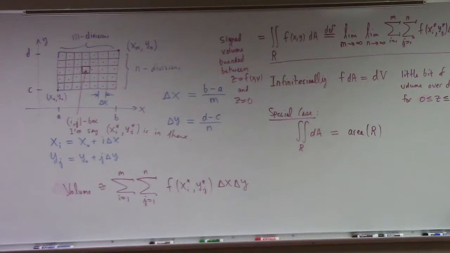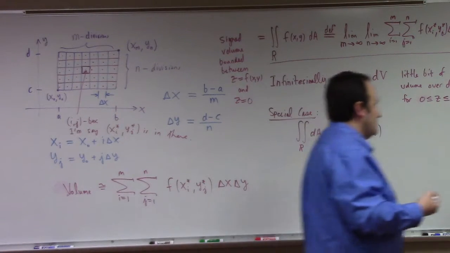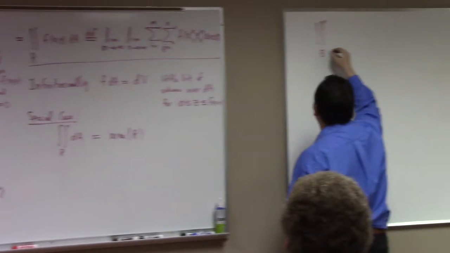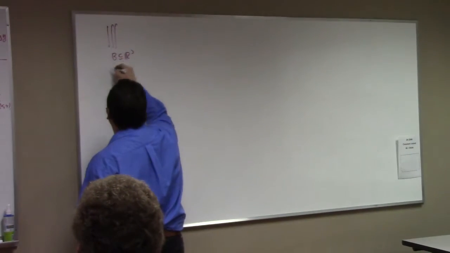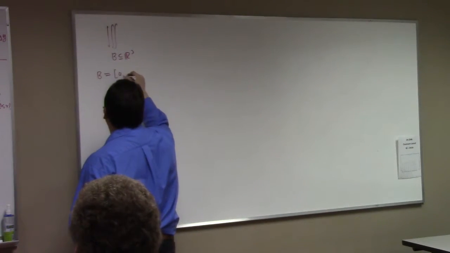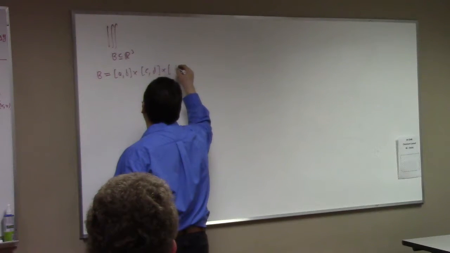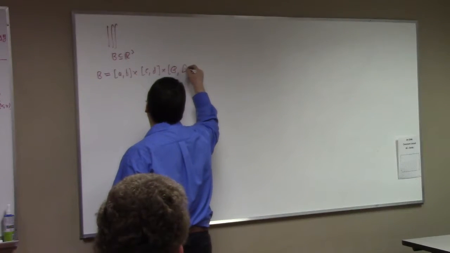How would we define a triple integral? Well, if we had a region, say B, some subset of R3, for example, B could be [a, b] cross [c, d] cross, I don't know, [Pac-Man, Ghost].